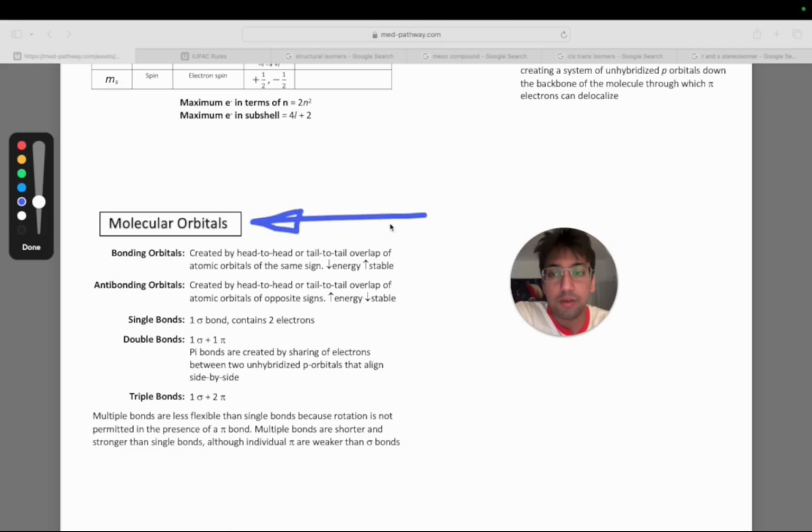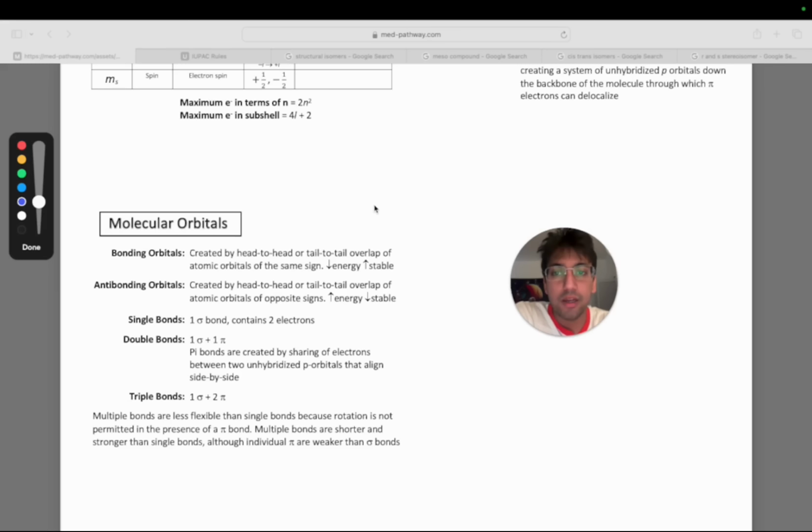This is different from atomic orbitals. Atomic orbitals describe one atom, like carbon or gold. Molecular orbitals talk about compounds, like carbon dioxide or water. Those require molecular orbitals. The theory behind this is that we take 2 atoms, and yes, they have their own atomic orbitals, but when they come together, they form a molecular orbital.